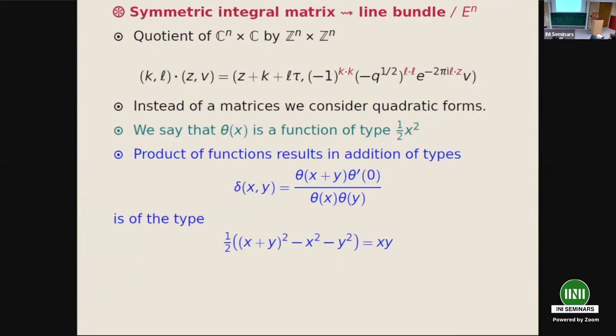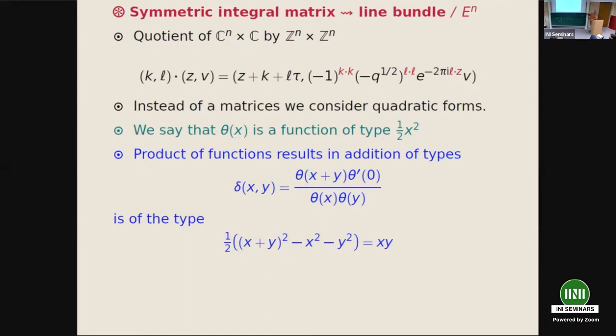If you have just a product of things, the problem is with addition. You cannot add sections from different bundles. Of course you can, but as functions they are still meromorphic functions, but they have no good transition. They do not define a section. That's why we care about functions that have the same transition properties. For example, this delta function has these transition properties.